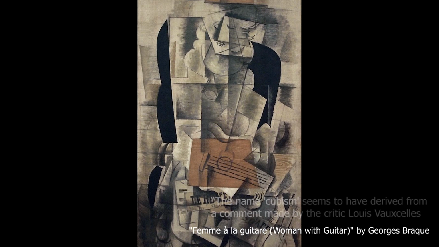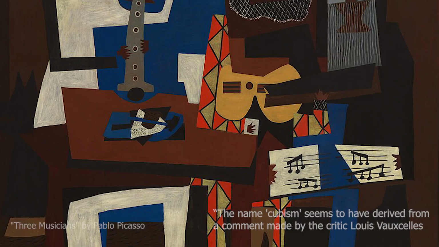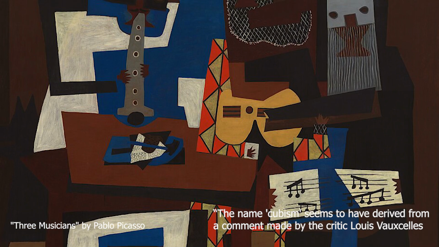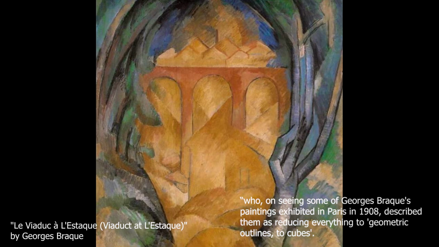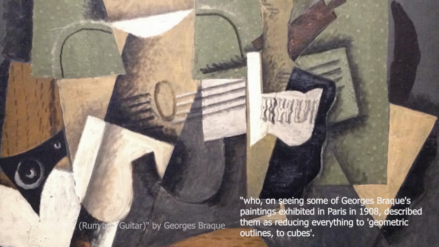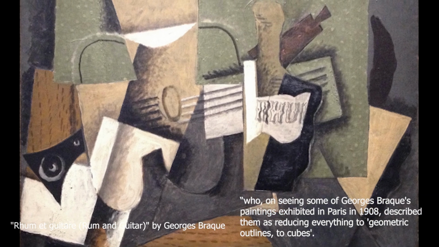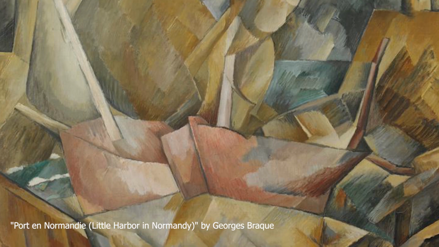Did you know that the term or name for Cubism actually came from a comment from one of the art critics called Louis Vauxcelles, who, on seeing some of Georges Braque's paintings exhibited in Paris in 1908, described them as reducing everything to geometric outlines to cubes.